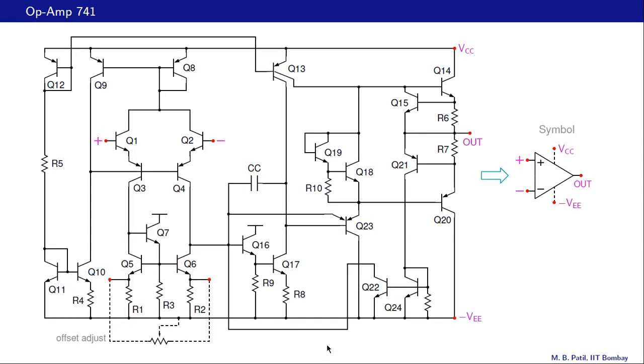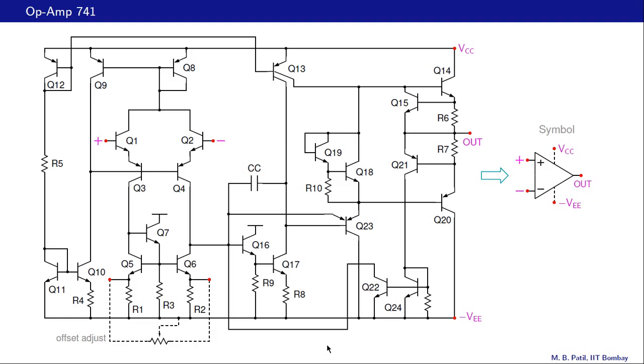Here is the internal circuit of the 741 op-amp, which is very commonly used and is also low cost. And in all likelihood, you will probably use these 741 op-amps in your electronics lab courses. What is the first impression of this circuit? That it is very, very complex.